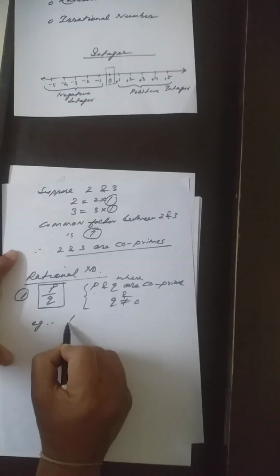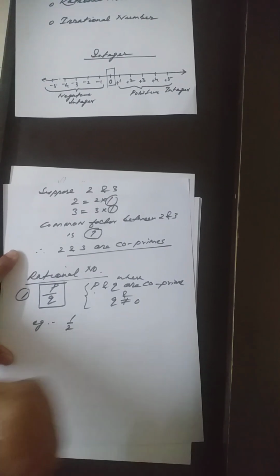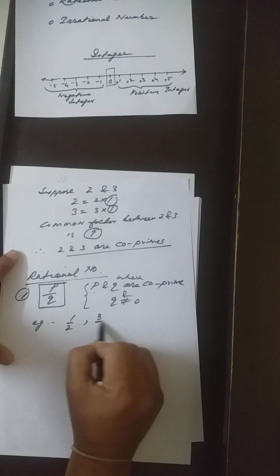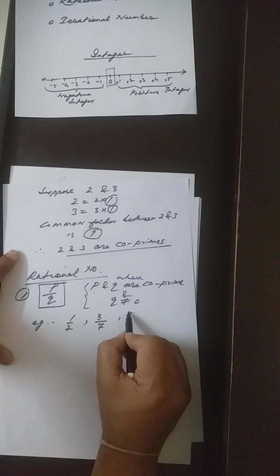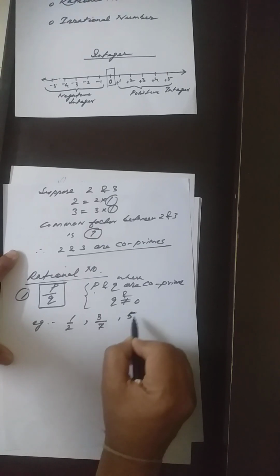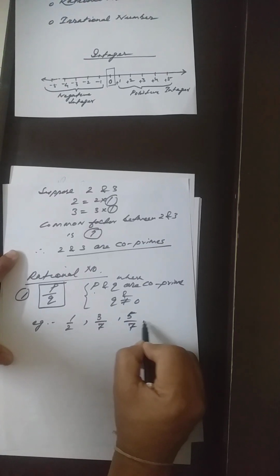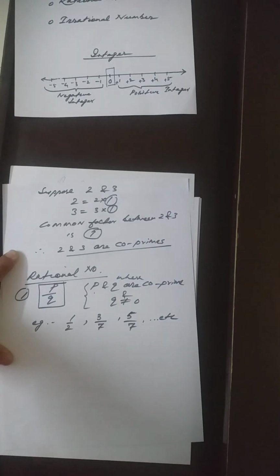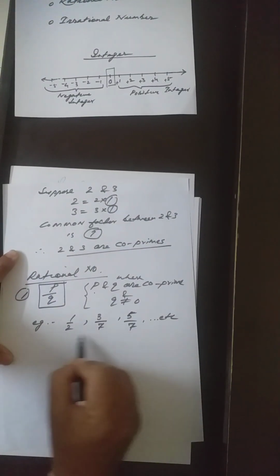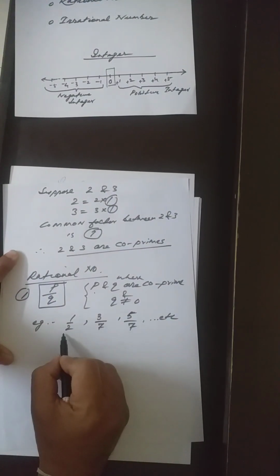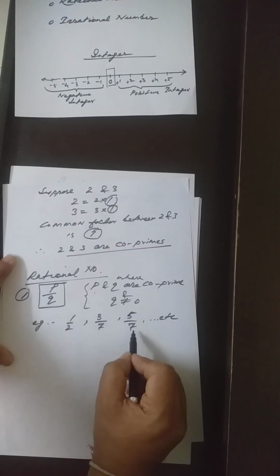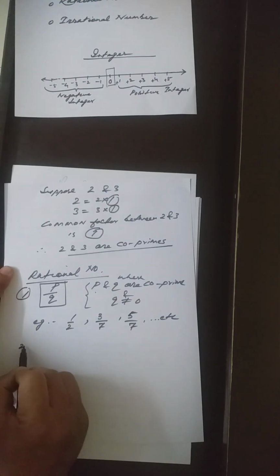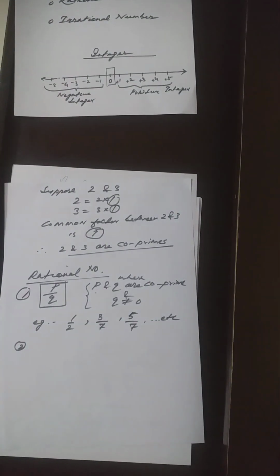For example, 1 in the numerator, 2 in the denominator, 3 in the numerator, 7 in the denominator, 5 in the numerator, 7 in the denominator, and so on. So these numbers are rational numbers. 1 by 2 is a rational number, 3 by 7 is a rational number, 5 by 7 is a rational number. Now there are two more properties attached to this rational number.